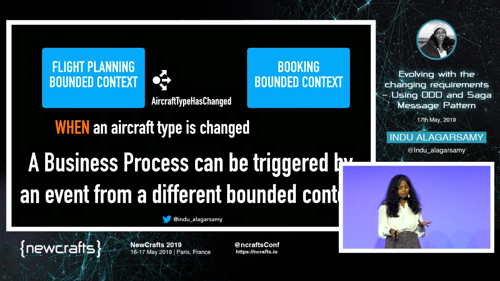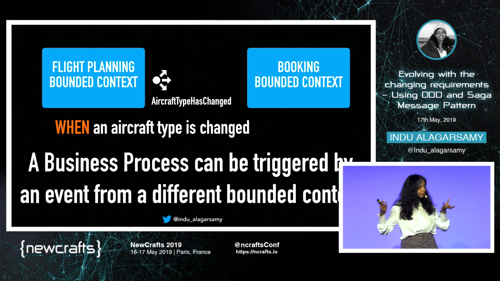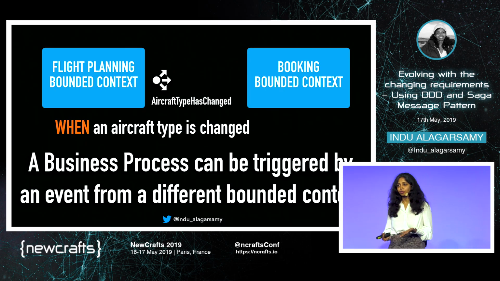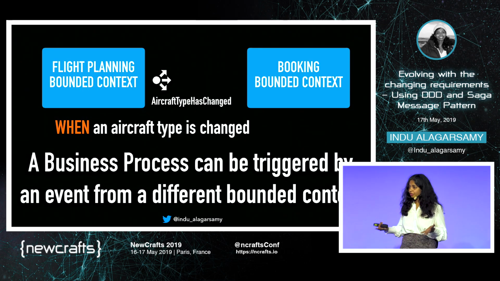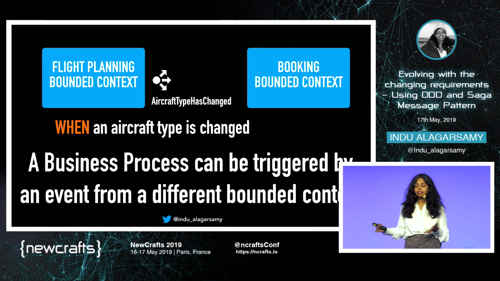And so a business process can be triggered by events coming from different bounded contexts. So in the DDD world, it's a conscious decision of what amount of information or data that you want to share in that event that you're publishing. So the whole idea of using messaging is so you make your systems loosely coupled, and because they're loosely coupled, they're reliable and scalable and so on.